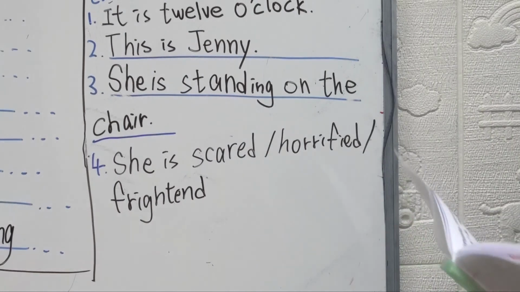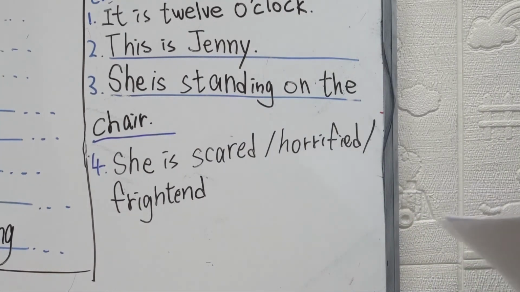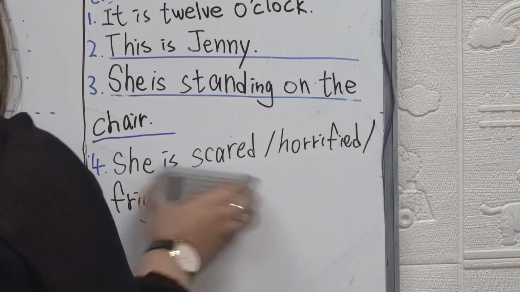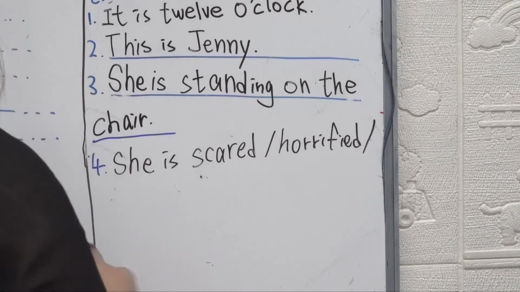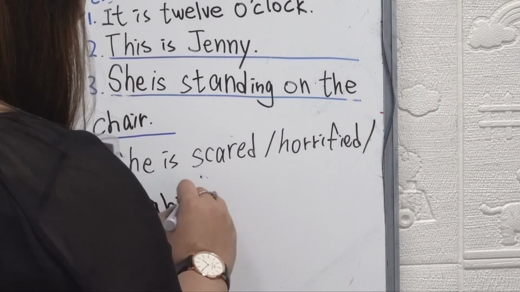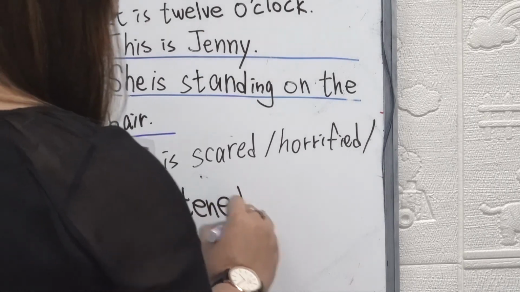Frightened. Okay? Please write your own words. Sorry, frightened is spelled F-R-I-G-H-T-E-N-E-D.